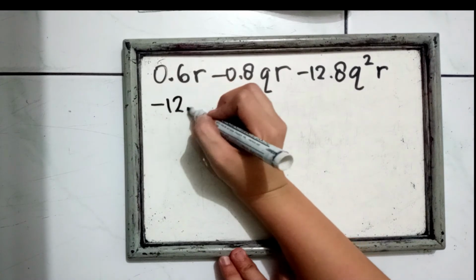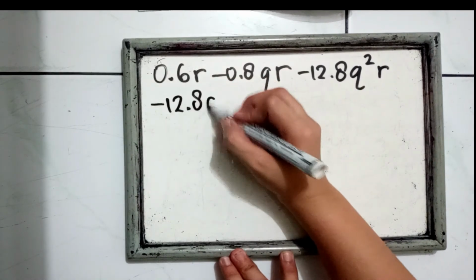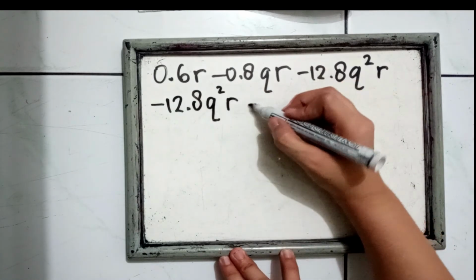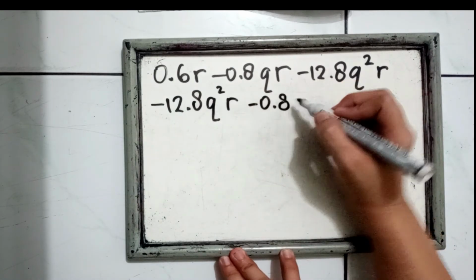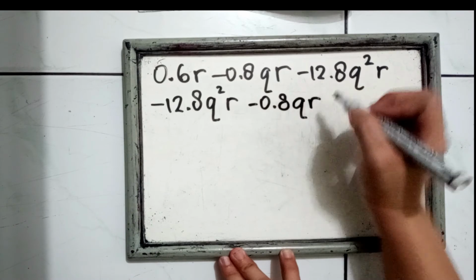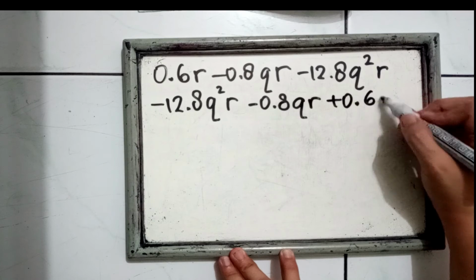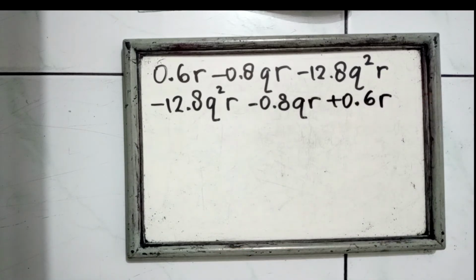Negative 12.8Q square R, then this one, minus 0.8QR plus 0.6R.